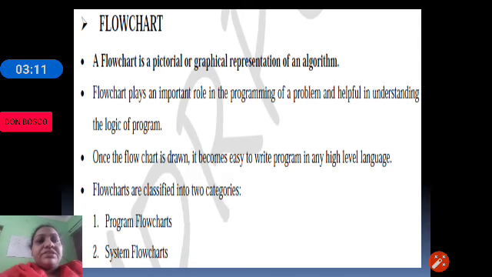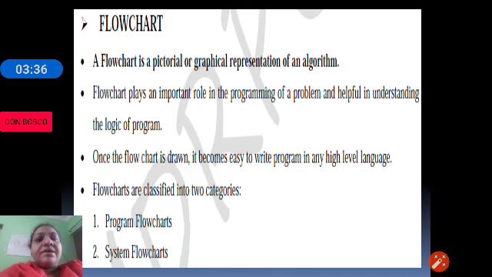Once the flowchart is drawn, it becomes easy to write a program in any high level language. So first we learned algorithms, the steps, then we convert the algorithms to flowcharts, and then the flowcharts to computer programs.